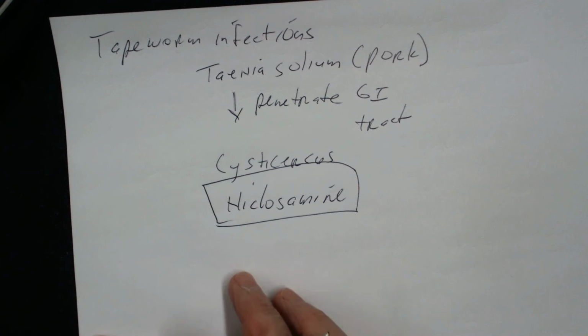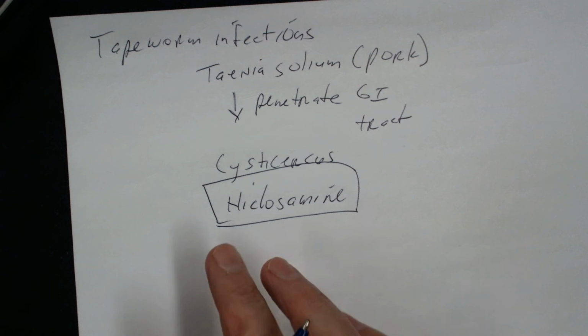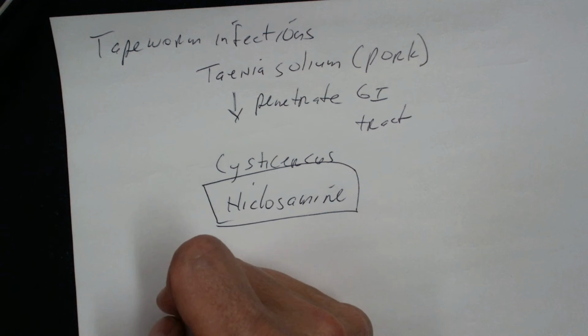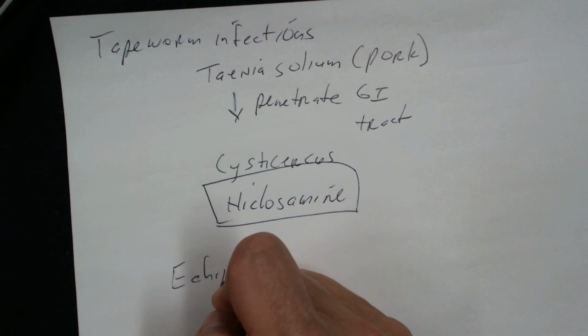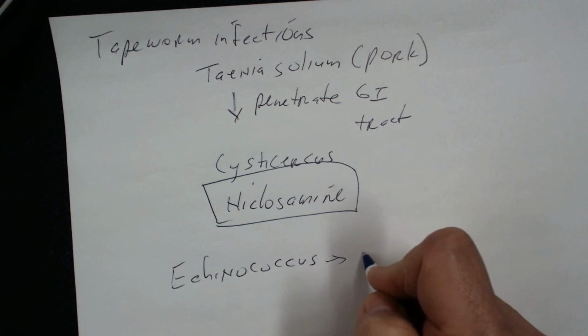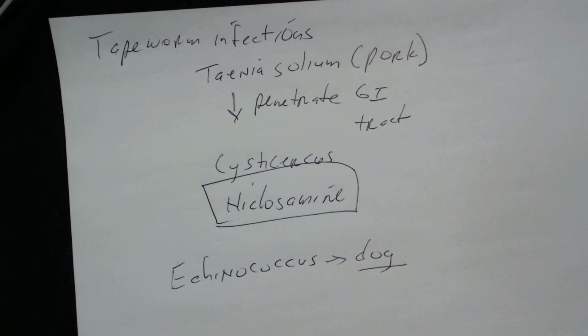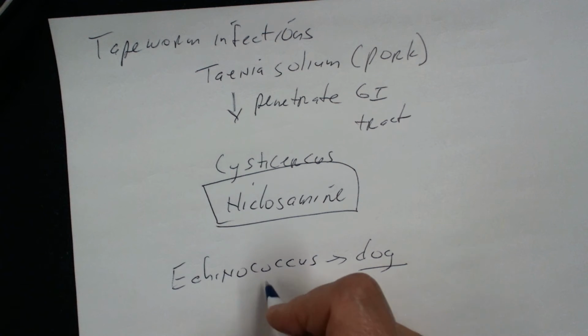There's another organism that does a similar sort of thing. It's called Echinococcus. And the host for this is the dog. But if a human eats material contaminated with dog feces, it forms a so-called hydatid.